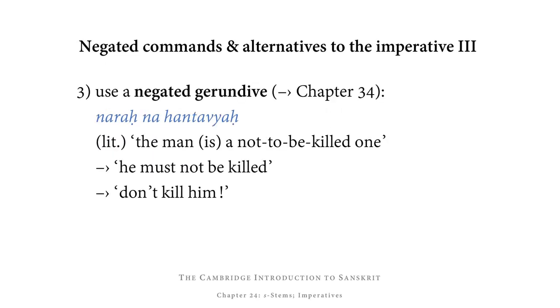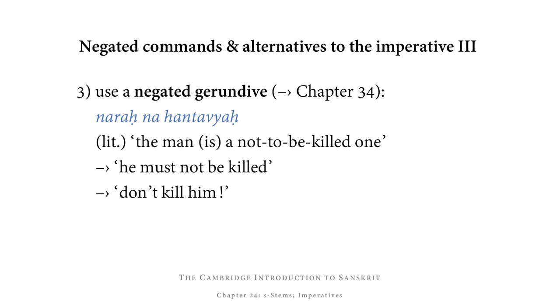And yet another way of expressing a negated command would be to use a negated gerundive. We haven't had gerundives yet, they won't be introduced until chapter 34, but still let's look at one example. In naraḥ na hantavyaḥ, we have naraḥ, man, na, not, and hantavyaḥ, the gerundive of han, to kill, and hantavyaḥ means having to be killed.